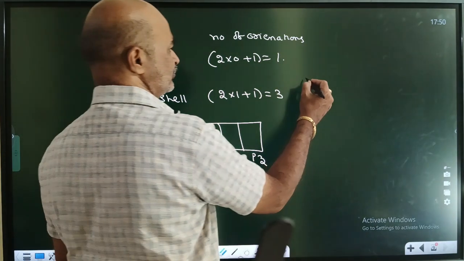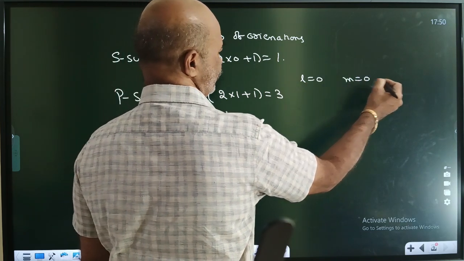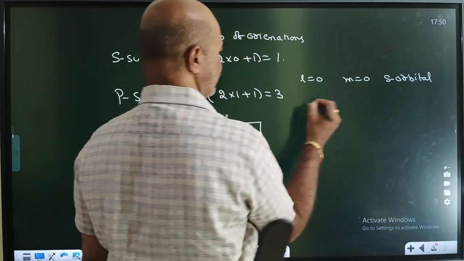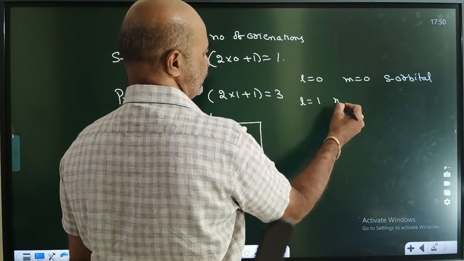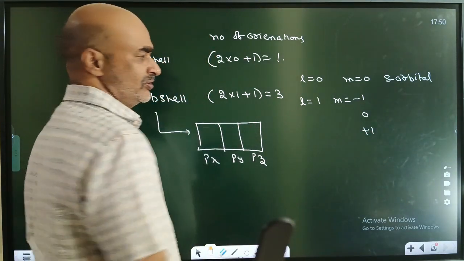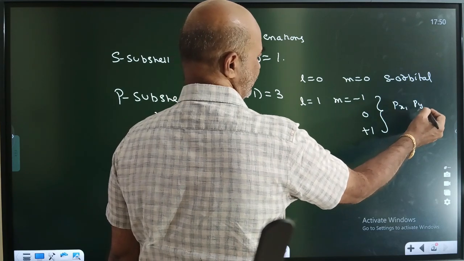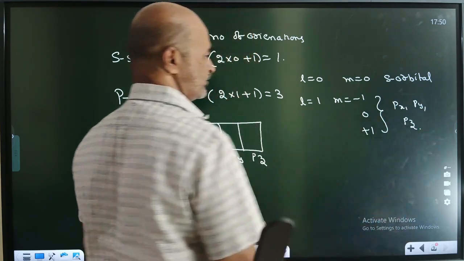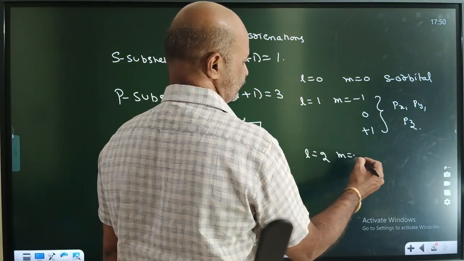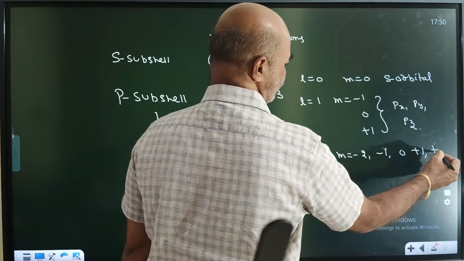So when L is equal to 0, m is equal to 0, s orbital. L is equal to 1, m is equal to minus 1, 0, plus 1. So 3 p orbitals, px, py, pz. When L is equal to 2, m is equal to minus 2, minus 1, 0, plus 1, plus 2.